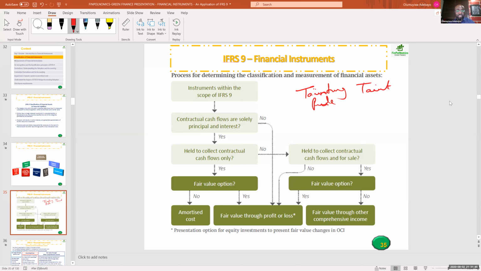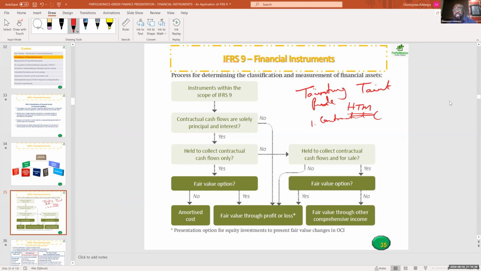Okay, even though it's not relevant under IFRS 9, I will still explain it. Now, what happened is this. For you to classify a financial instrument as held to maturity, certain conditions must be fulfilled. One is that it must be a security that has contractual cash flows.